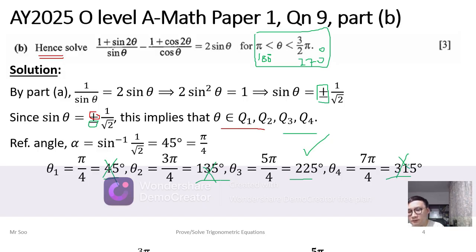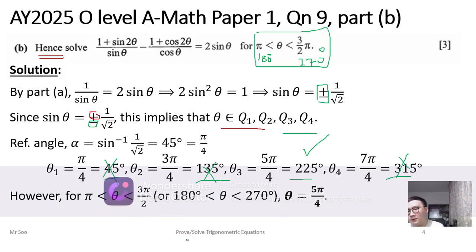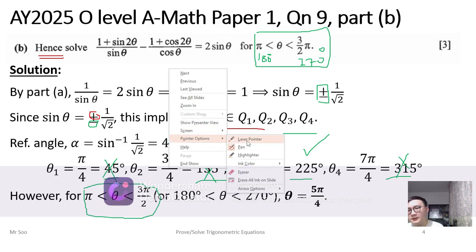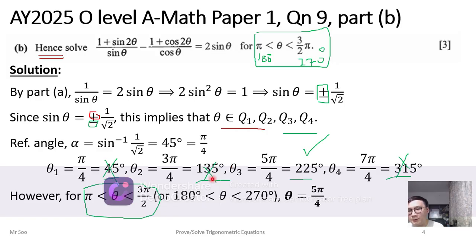In this case, 5 pi over 4, for the range defined in the question. For this range, I can only have one answer instead of the 4 answers, 45, 135, 225, and 315. I can only have one answer, which is 225 degree, or 5 pi over 4, because it satisfies this inequality. Understand? Clear, Jiaen?